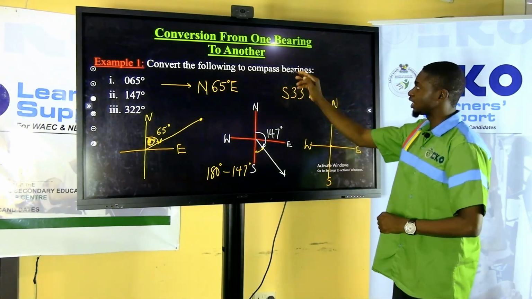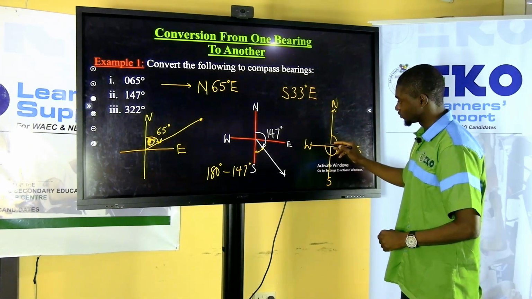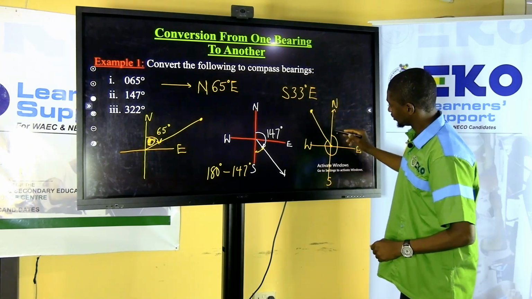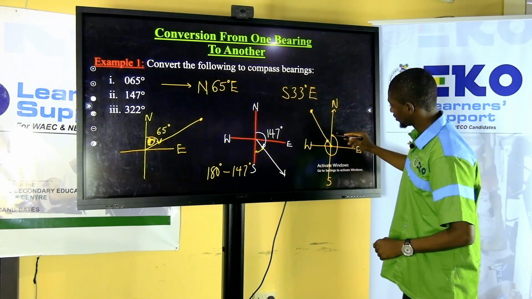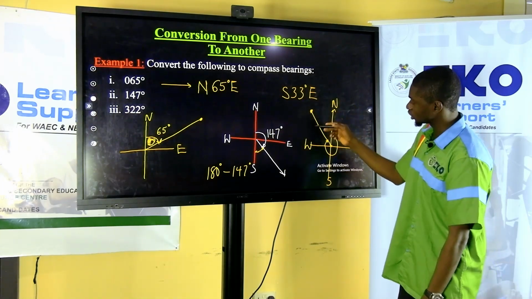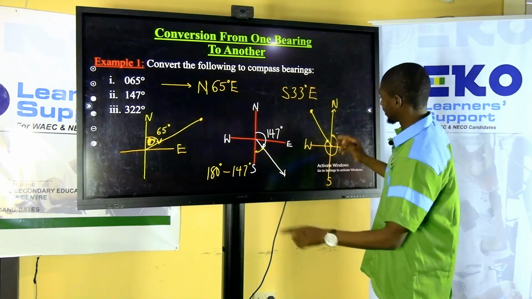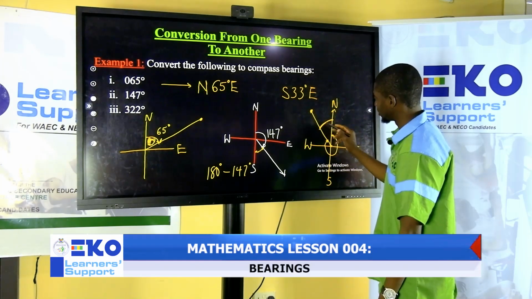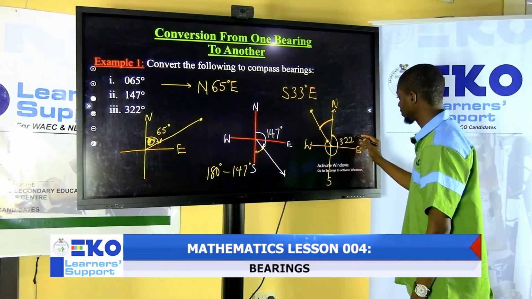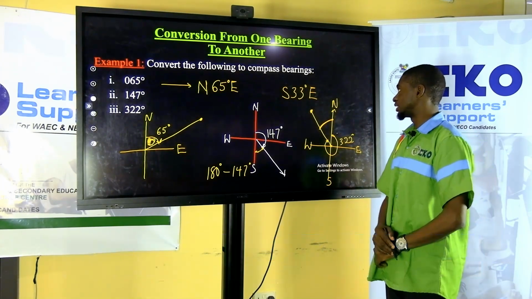That means in a clockwise manner, 180, 270, 322 will probably be somewhere here. So this angle here is 322. However, it falls into northwest. So you read from the north, northwest. That means this angle is what you need. If this one is 322 degrees, what is remaining for 322 degrees to complete 360?